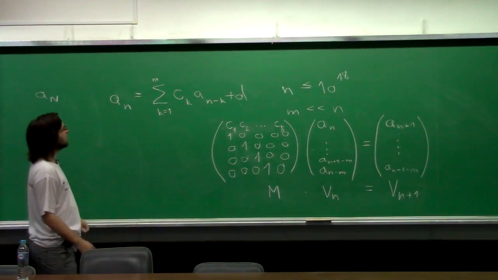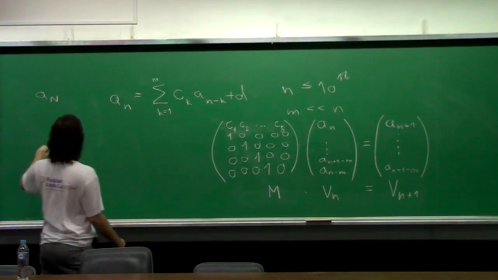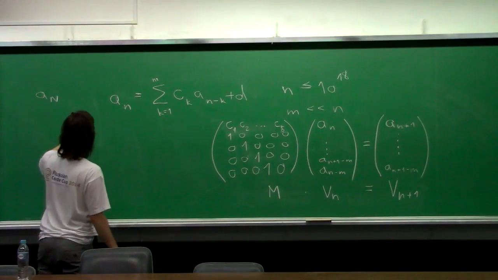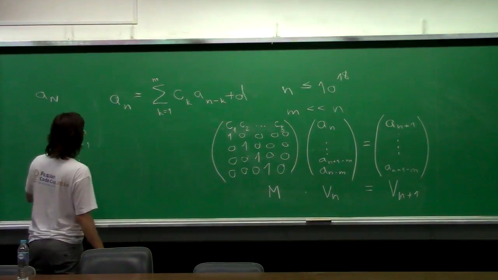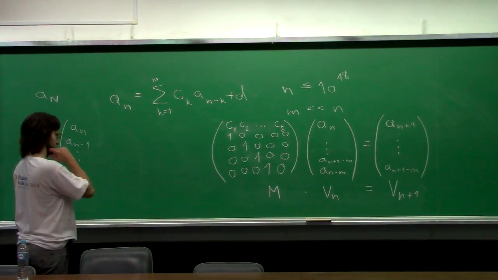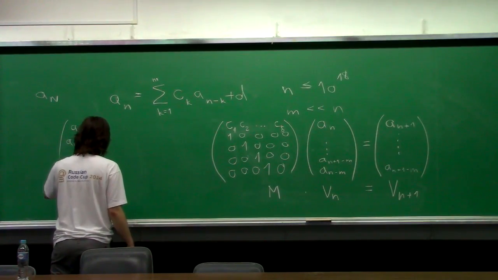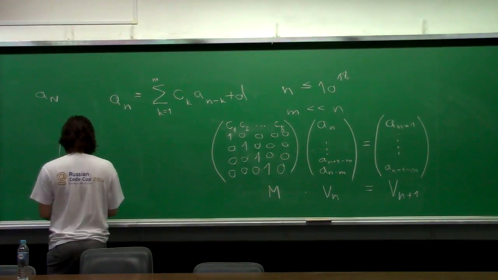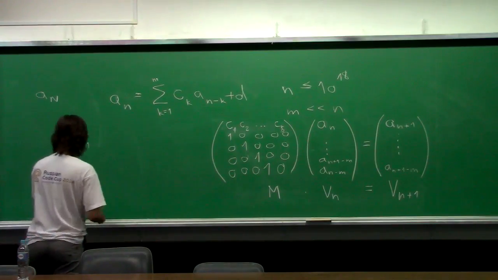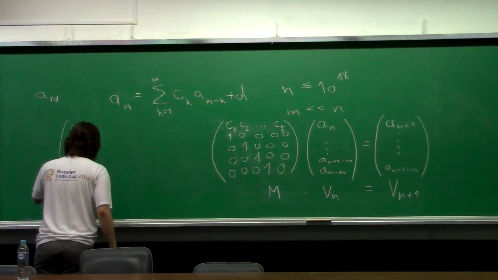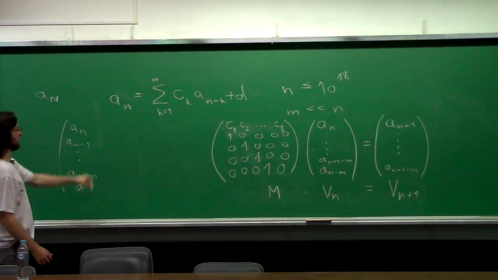What's done in this case is that instead of taking a vector vn like this, we take a_n, a_(n-1), etc., down to a_(n-m), and d.